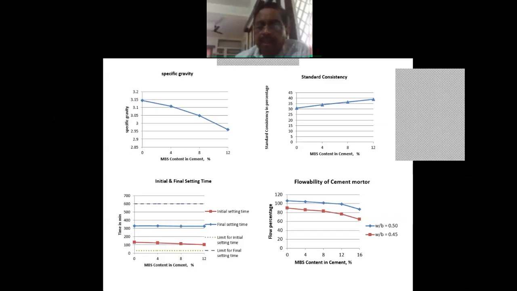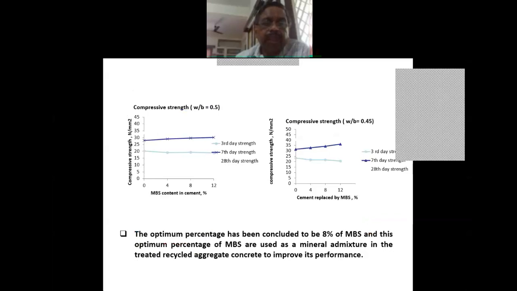So based on these studies, we chose 8% as the optimum content. Even our compressive strength has improved at different ages.